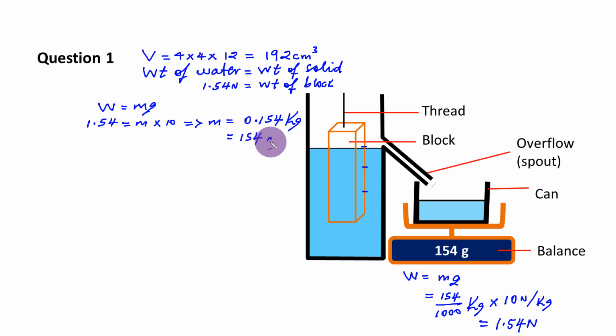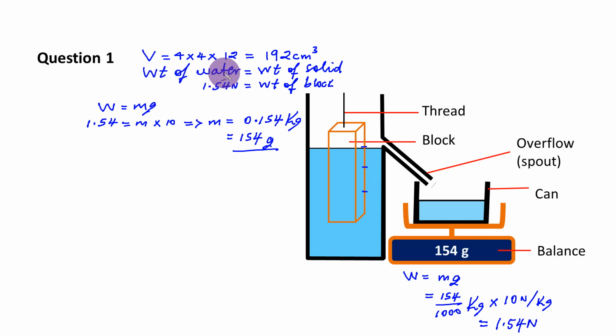154 grams. Now you're asking, why should we go through all this process instead of just taking this value? Remember, the law of flotation deals with weight. It doesn't deal with masses. It deals with one type of force, which is the weight of the liquid which is displaced.